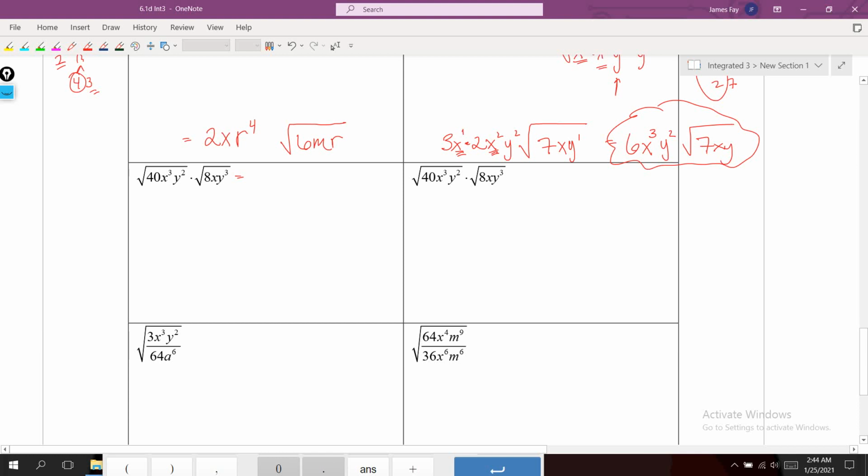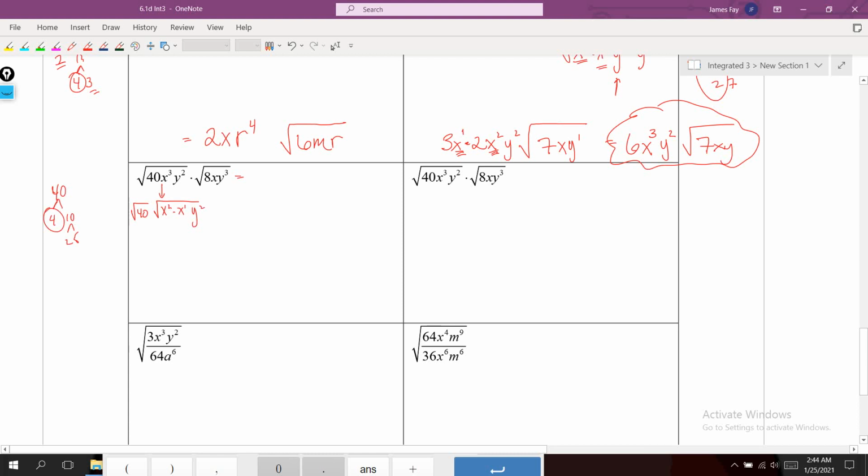Let's look at this one here and rewrite this as root 40 times, and so x cubed will be x squared times x to the first, and then y squared. 40 goes to 4 and 10, 10 goes to 2 and 5, perfect square.